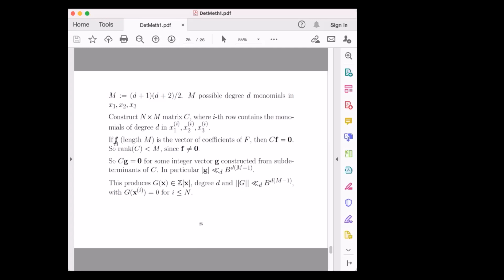Now, let's write bold F to be the vector of coefficients of capital F. So capital F was a form of degree d. It's the sum of various monomials of degree d with various coefficients, and the coefficients make up the vector F. So the fact that the xi are solutions of capital F equals 0 means that the matrix C times the vector F is 0.